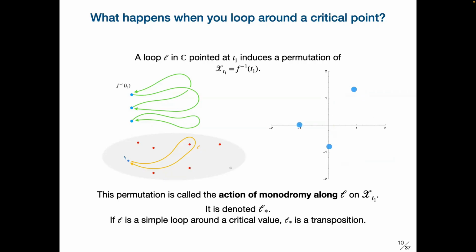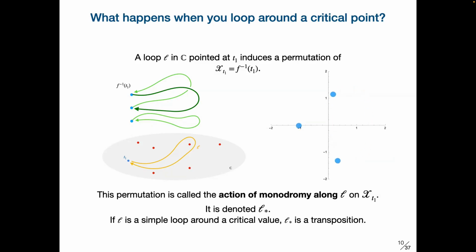So this is something you can compute explicitly in the case of curves. So now if you try to lift this loop, the question again is, does it lift a loop or does it not? If you start from one of the points that does not get permuted, then yes, it does lift a loop.